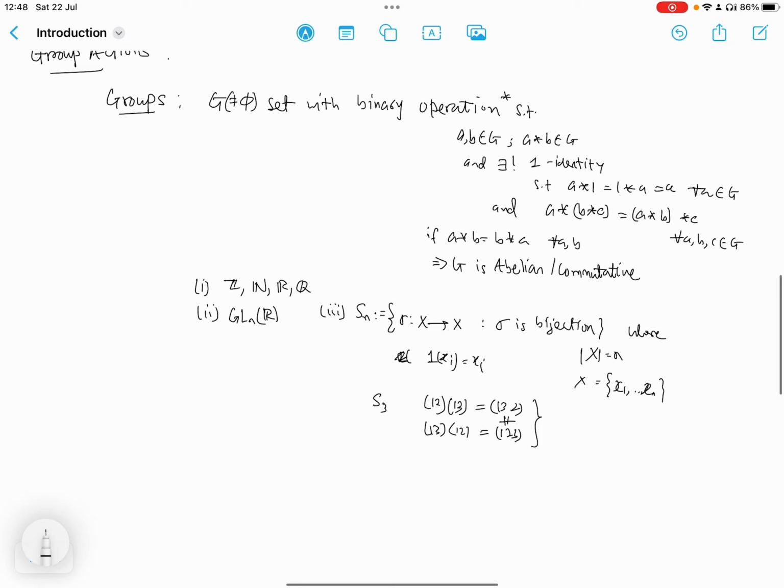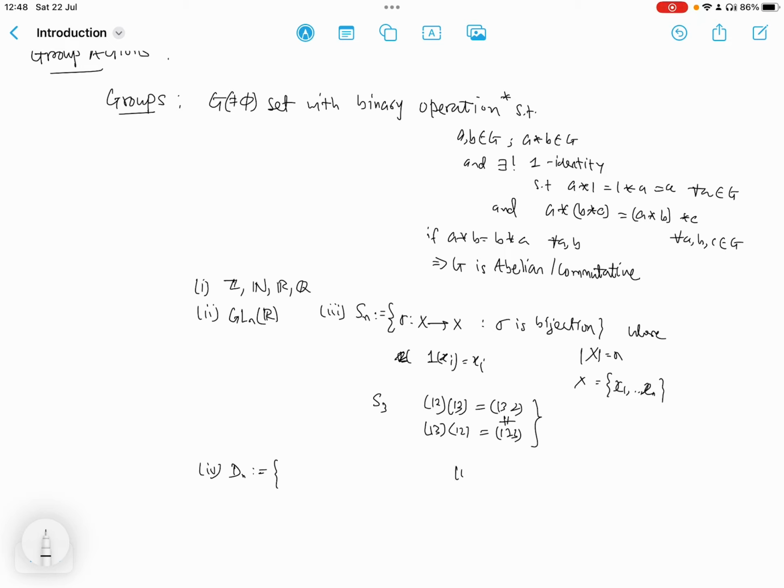And the next example that we'll need in later videos is the dihedral group D. One thing to clarify here: some books use the notation D2n to denote the dihedral group on an n-gon, but I will use the notation Dn.